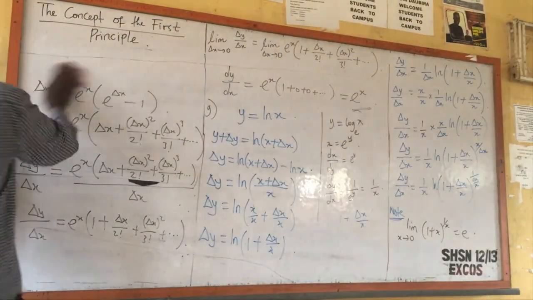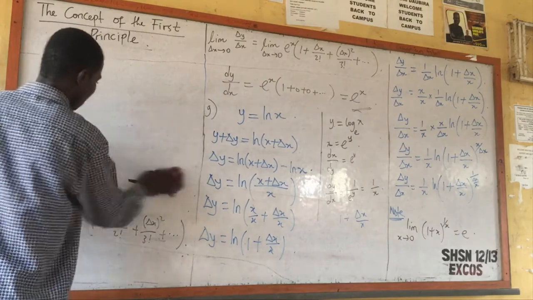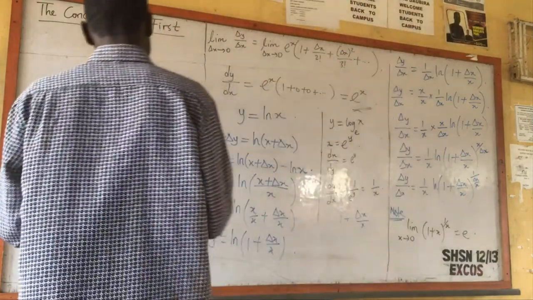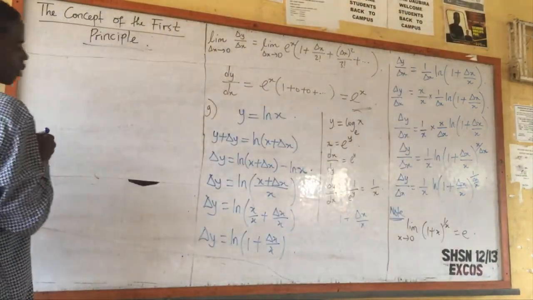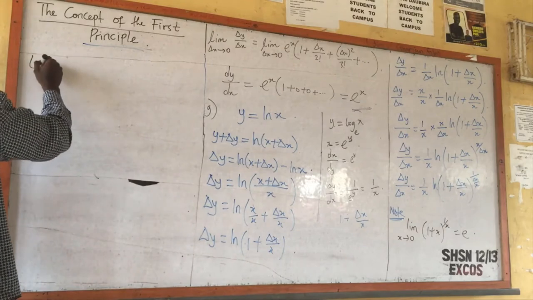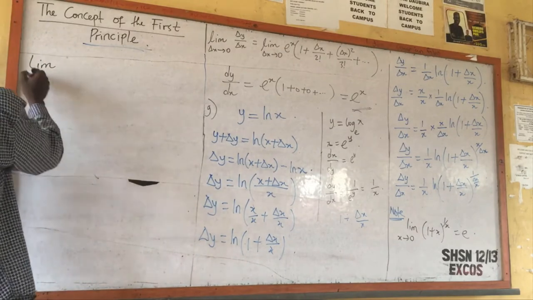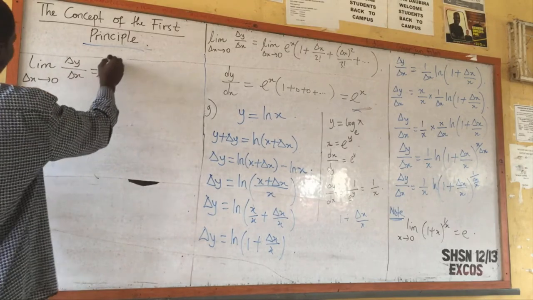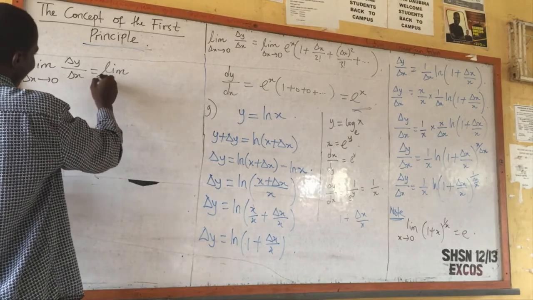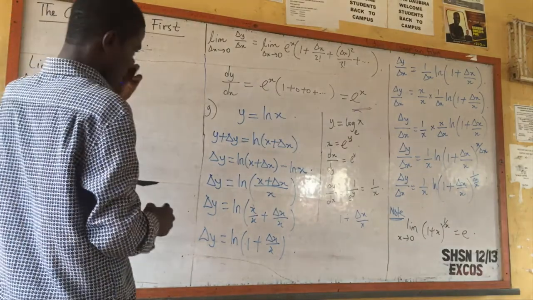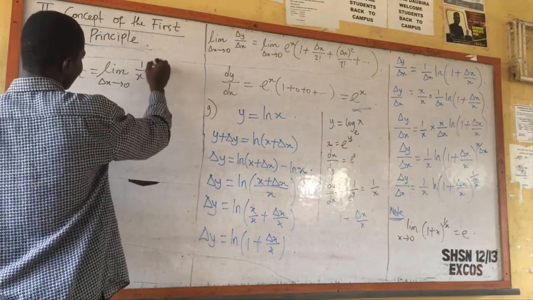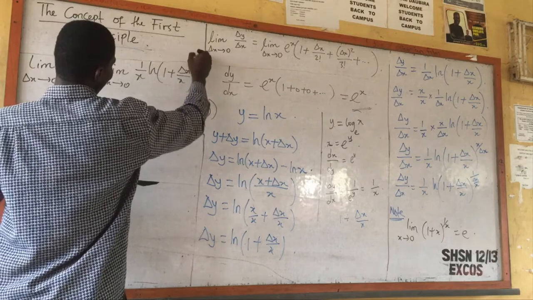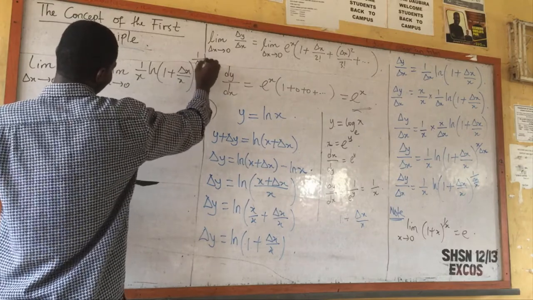So I'll take the limit as delta s goes to 0. The limit as delta s goes to 0 of both sides of delta y over delta s equals the limit as delta s goes to 0 of 1 over s ln of 1 plus delta s over s raised to power 1 over delta s over s.